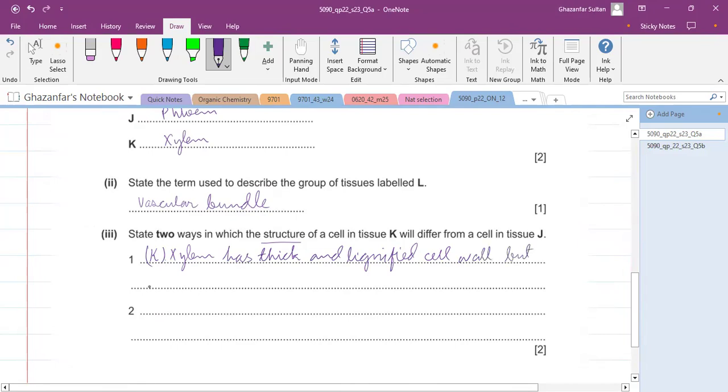But the cell walls of phloem, that is J, are thin and have no lignin.